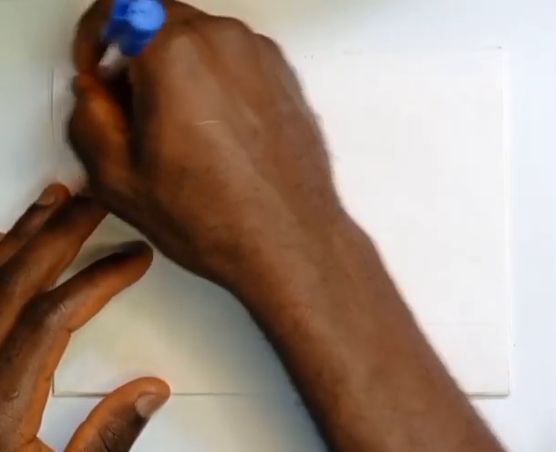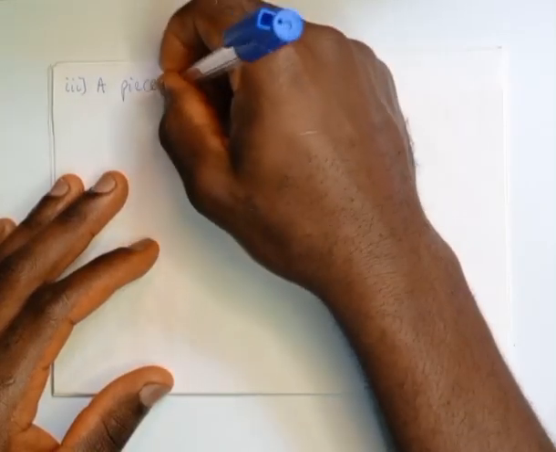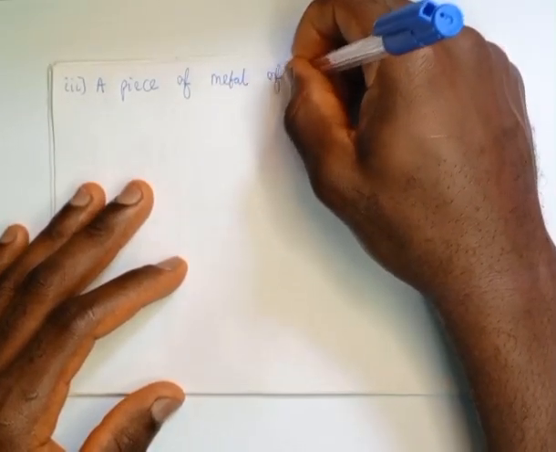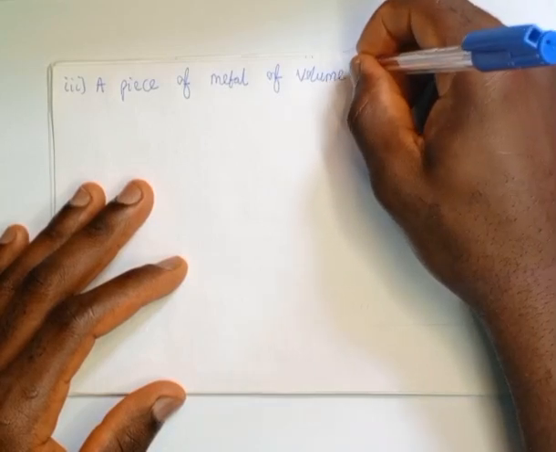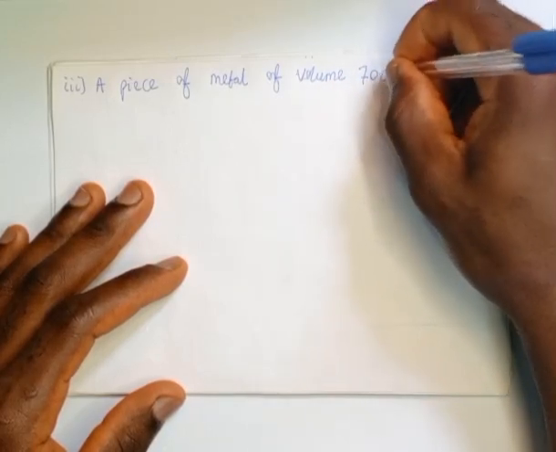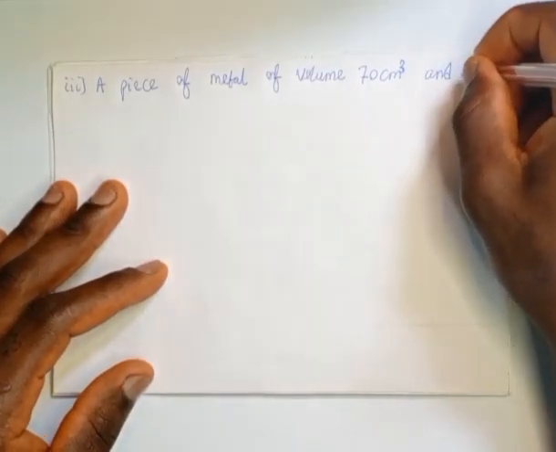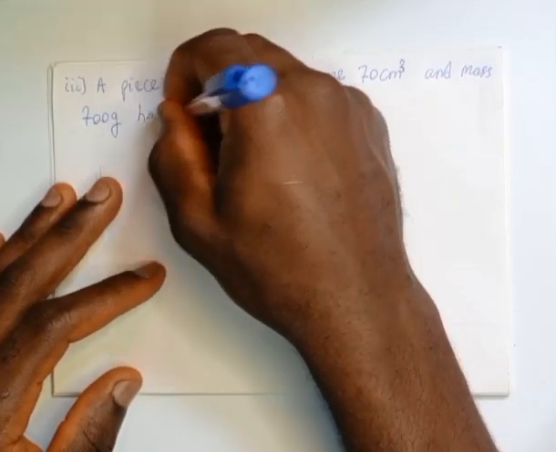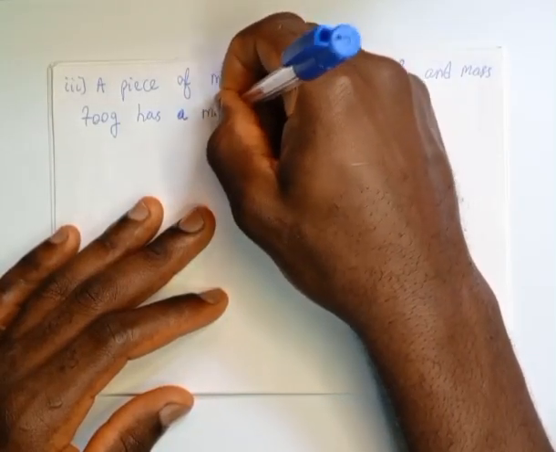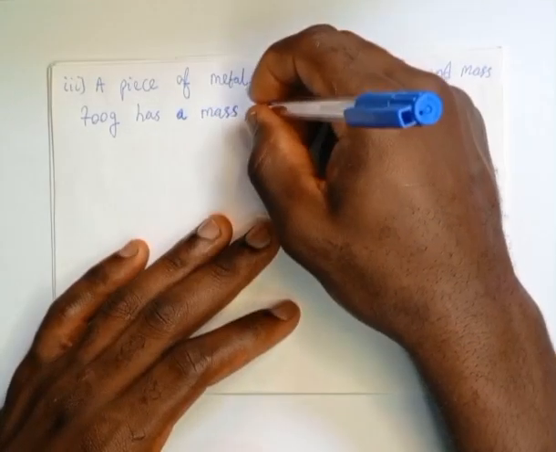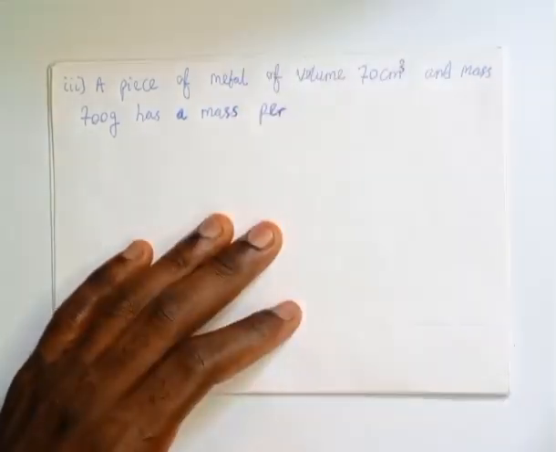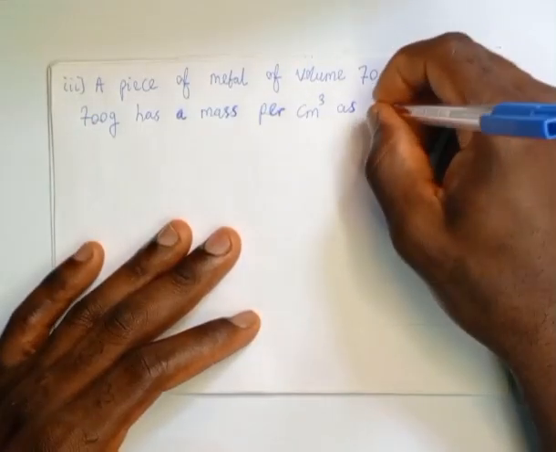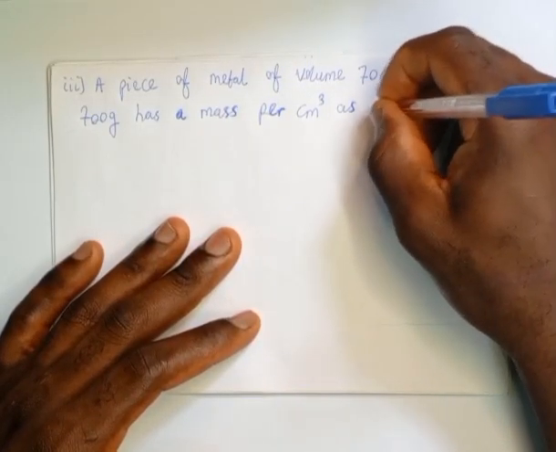Go to 3. A piece of metal of volume 70 centimeters cube and mass 700 grams has a mass per centimeters cube as 10 grams.